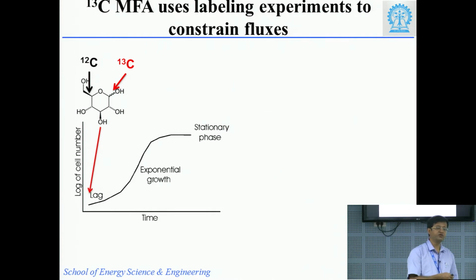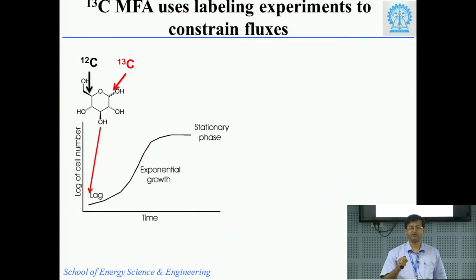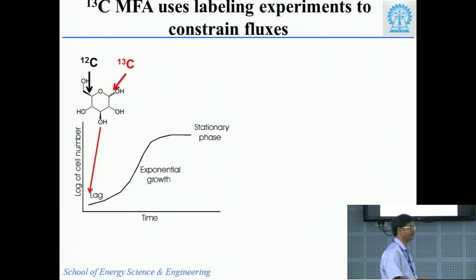The carbons in the glucose are labeled, and you can label at a particular location. The kind of glucose you will be using is the isotope-labeled glucose, where the carbons are labeled at a particular position. What is the position where the carbon is labeled? Can you guess? C1, right.